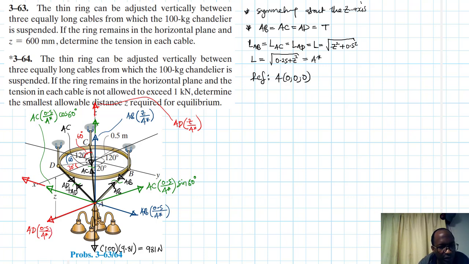And then when you look at this, we are mapping it. You've seen here, this is AD here. We are mapping it like so. To map it, this is going to give us a cos 30 degrees. And this component is AD, 0.5 divided by A star.